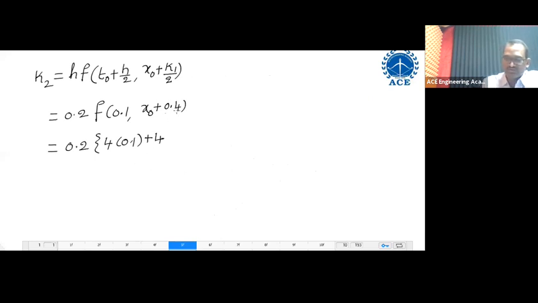We don't have an x naught value to be substituted. Simplify: 4.4 into 0.2. What is k2? It is 0.88.